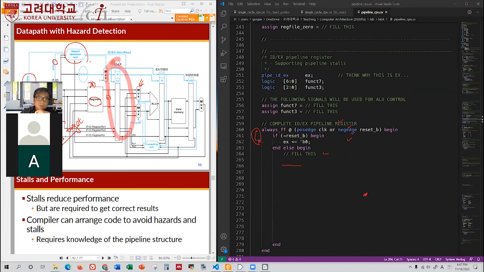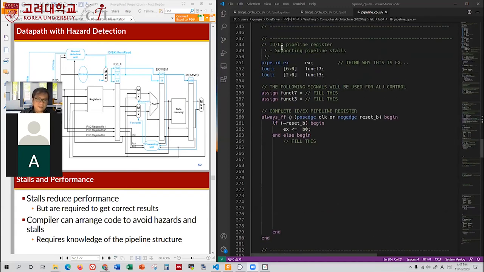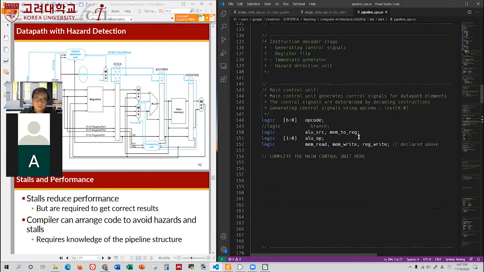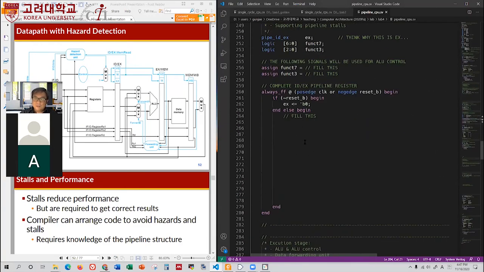So you need to implement also this pipeline register, and then this is the skeleton code of the ID and ID/EX pipeline register. So I already made this packed structure of the pipeline register for ID/EX. So I hope you can easily complete this pipeline register design.